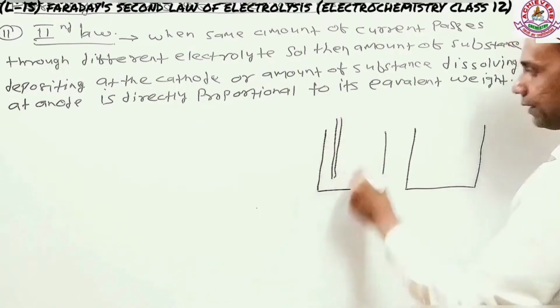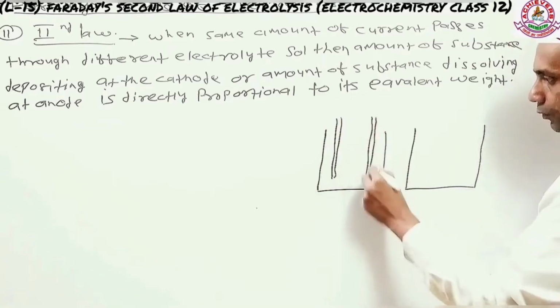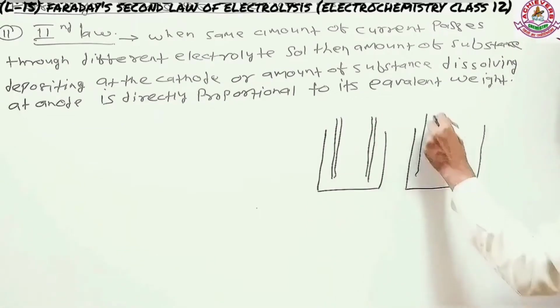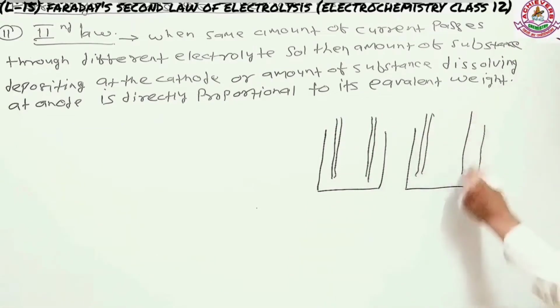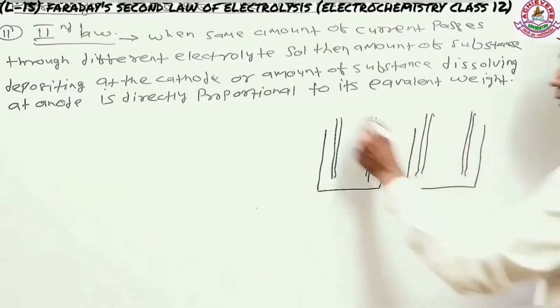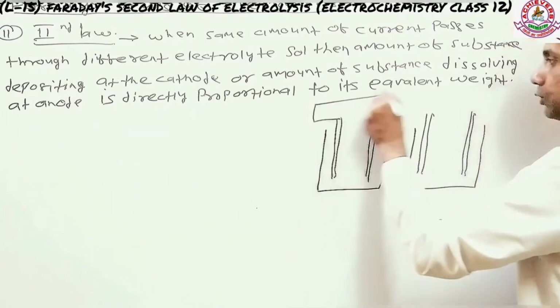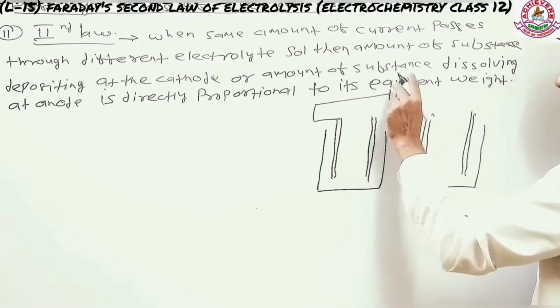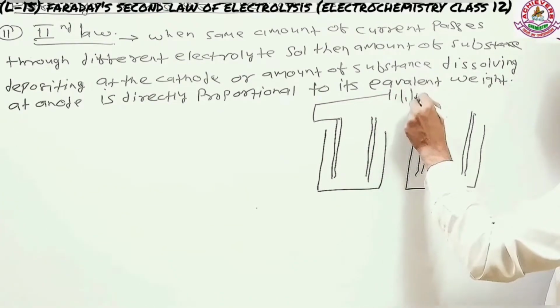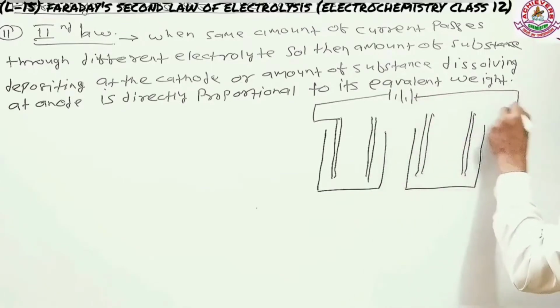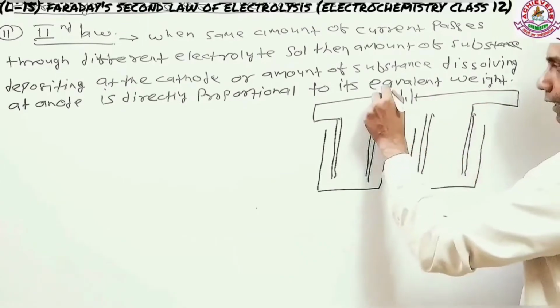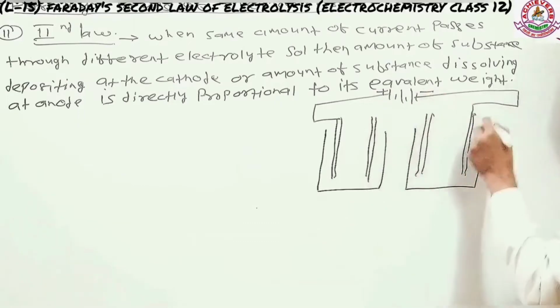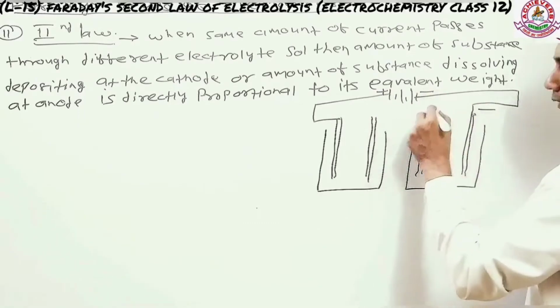There is an electrode here, another electrode here, a third one here, and a fourth one here. Now these electrodes have been connected to a source of voltage. There you have the anode, and this is your cathode.